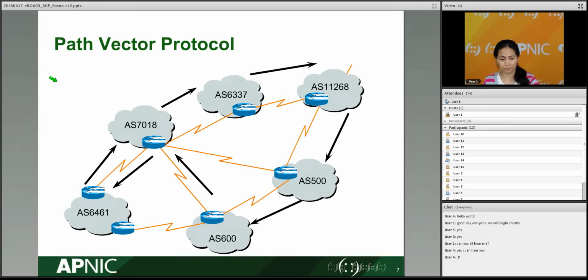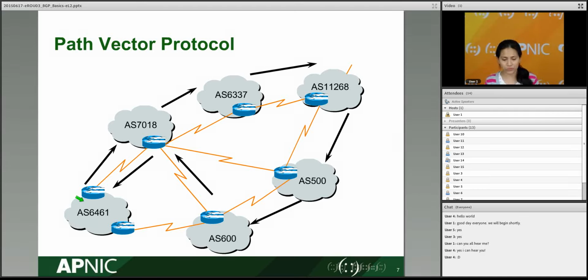You may have 2, 3, or 1,000 routers in there, but they may belong to the same autonomous system. Each AS here has two border routers, and that's how they speak with other networks.